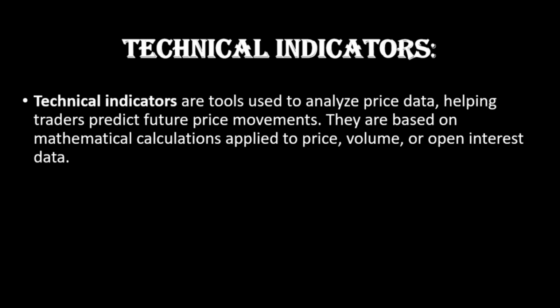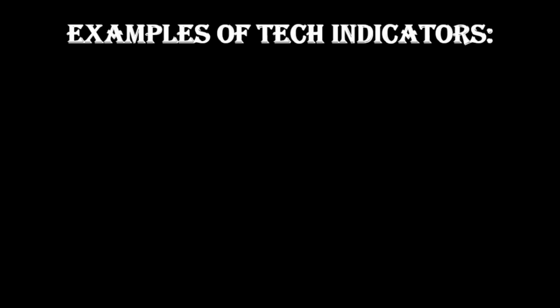Now, this is looking from the platform, but we have indicators also that help you analyze the market. They help traders predict the future price movement. They are often based on mathematical calculations applied to price, volume, or open interest. What are these indicators?